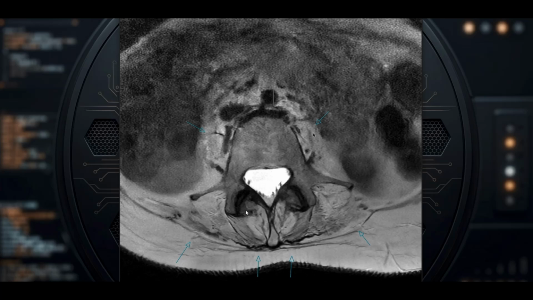Those, as you can see, show profound fatty replacement, fatty atrophy. And this isn't just normal aging, this is severe fatty atrophy caused by decades of chronic irreversible denervation from the initial polio infection.